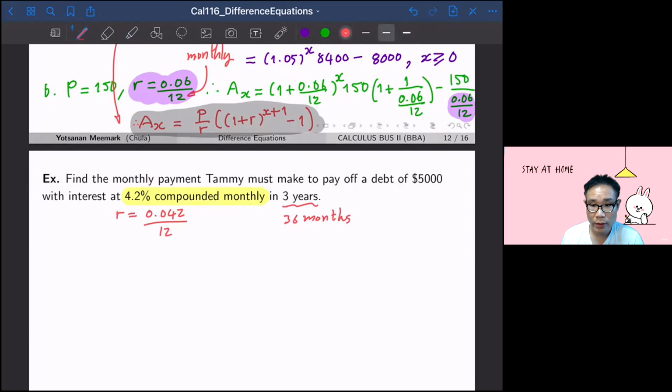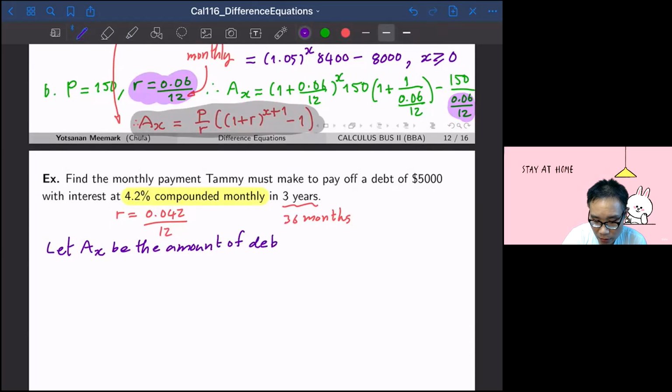So for this one, I'm going to let A(x) be the amount of debt after x months.